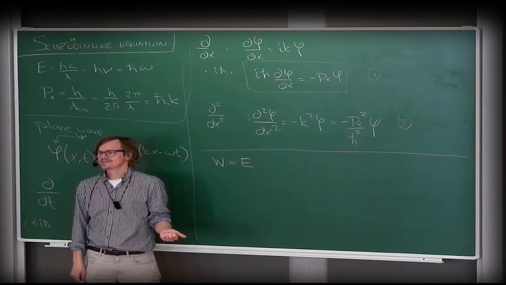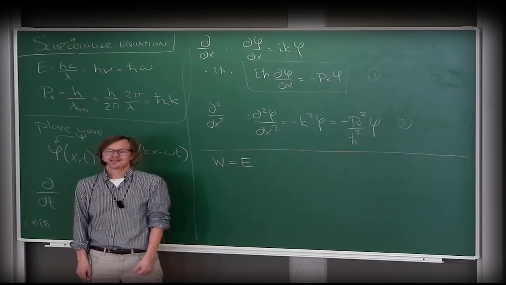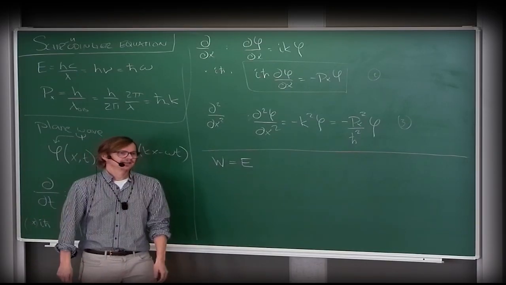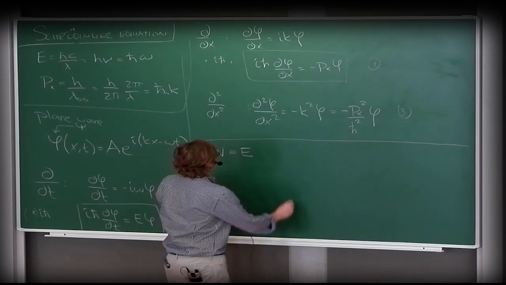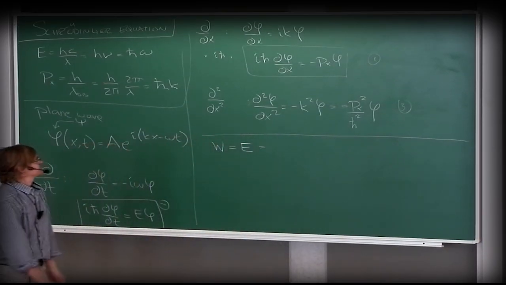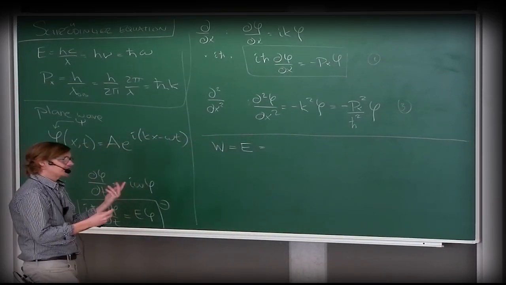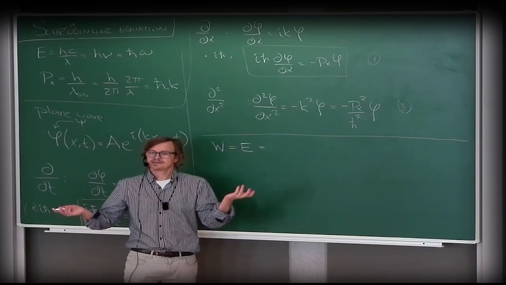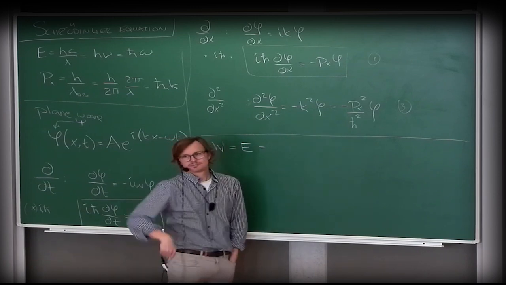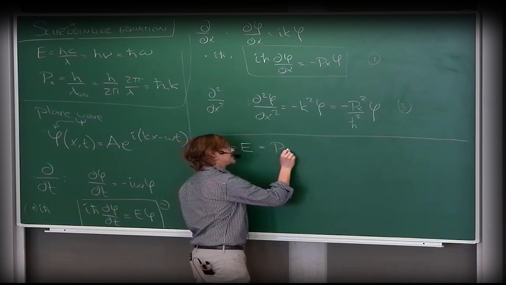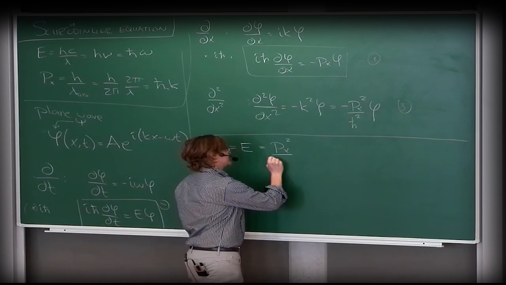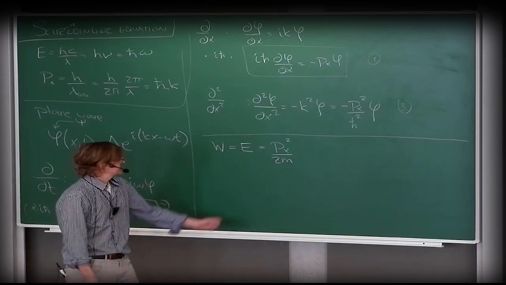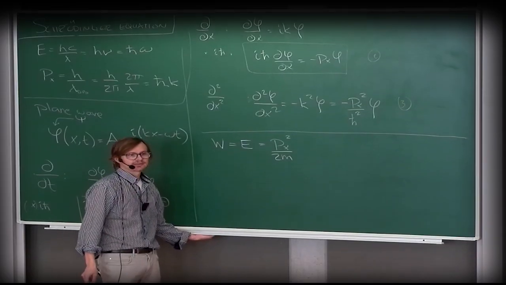In the electromagnetic description, we had E as the electric field, and now we have E as the total energy. It's nice being an astrophysicist sometimes. For a free particle, that's just the kinetic energy, okay? The kinetic energy in this case, we're moving along the x direction, right? We can write as px squared divided by 2m. That's just your mv squared divided by 2 written in terms of the momentum.